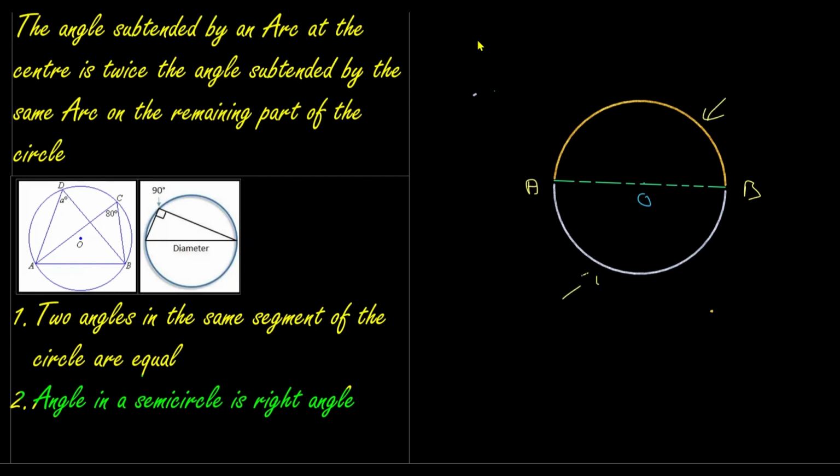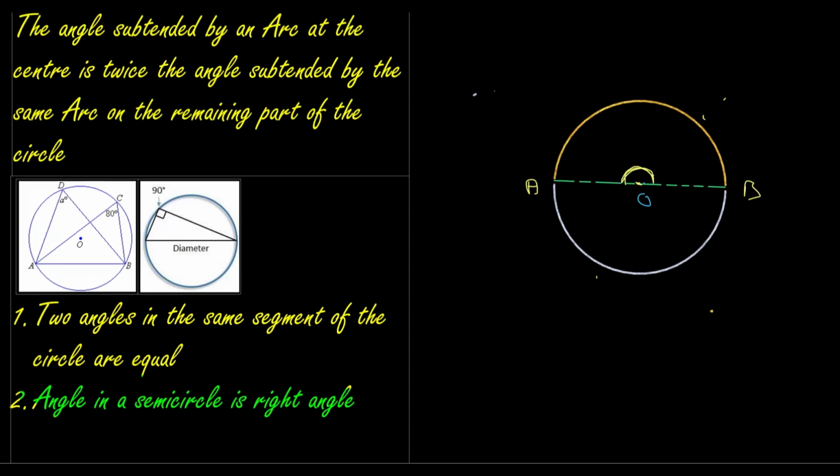Now, if I ask you the angle subtended by this lower semicircle, the white one, at the center, you should say that this angle will be above, right, above this angle.